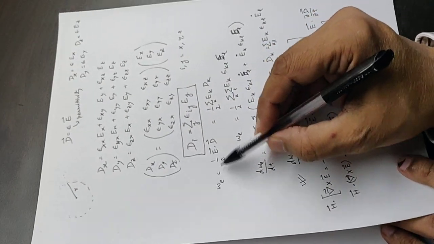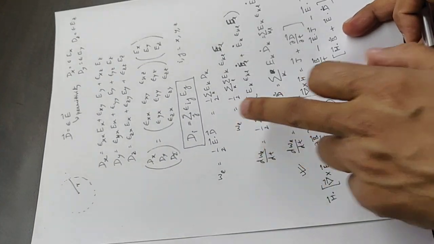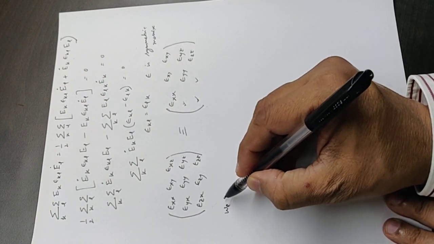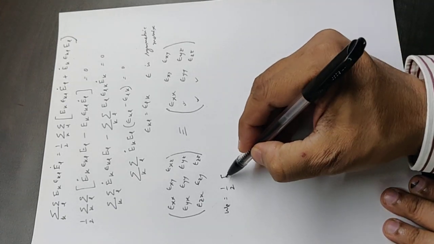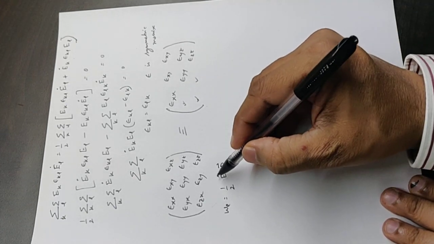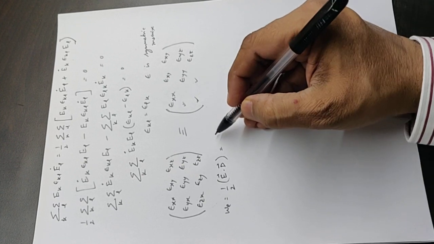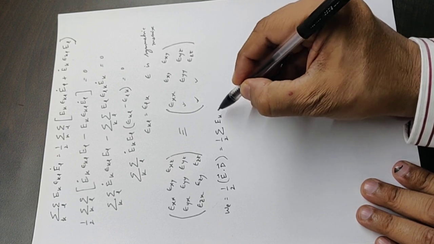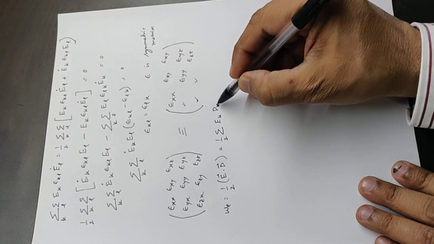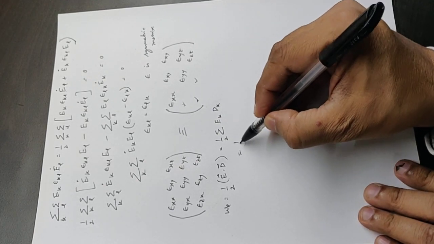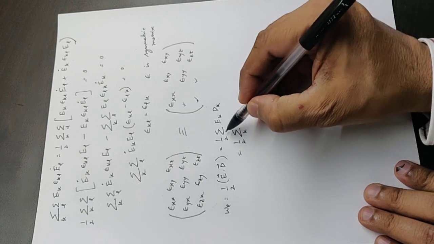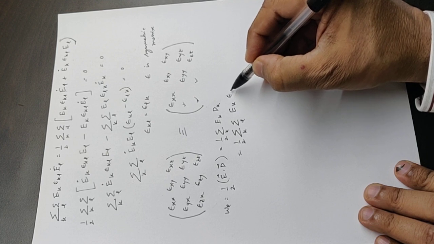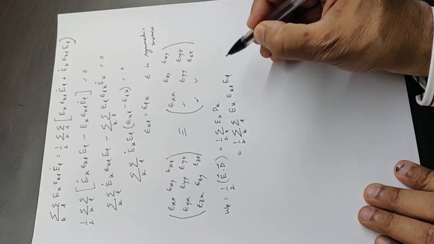If you remember the electric energy, which was half E dot D, now it can be written as, what would be the electric energy? It would be half E dot D, which means it would be half summation over k of Ek Dk, and this would be half summation over k, summation over l, Ek epsilon kl El.